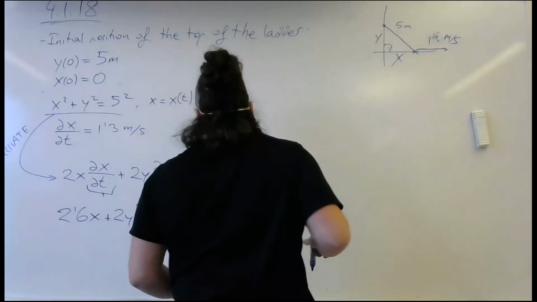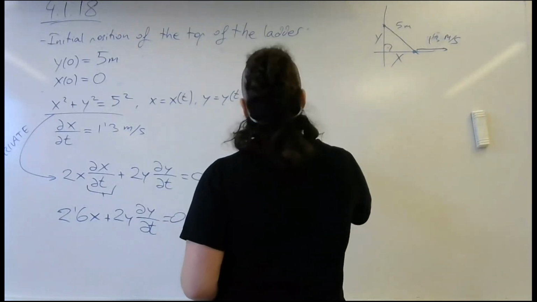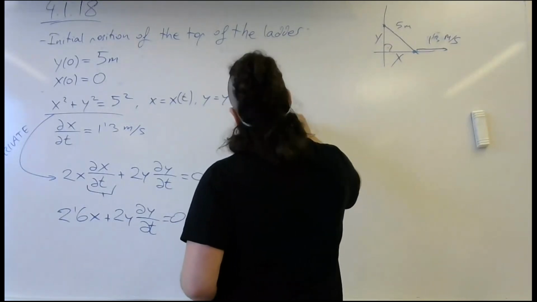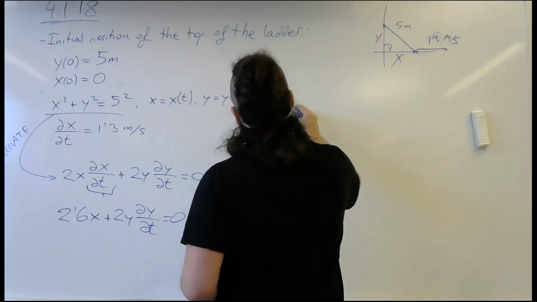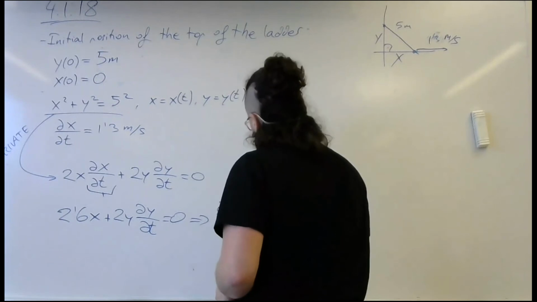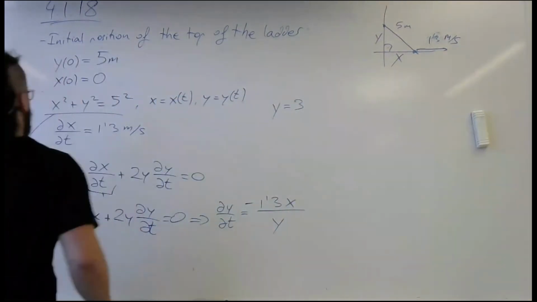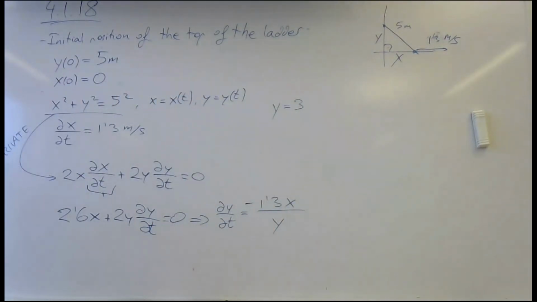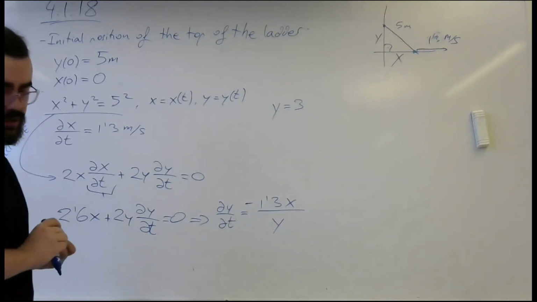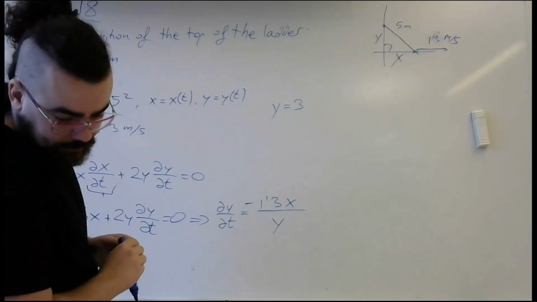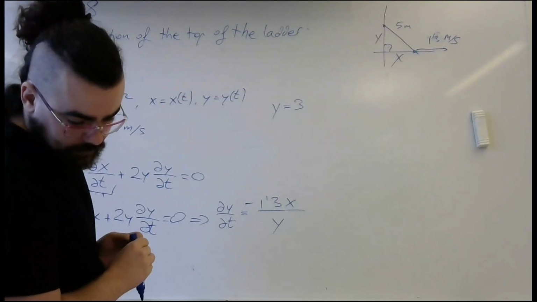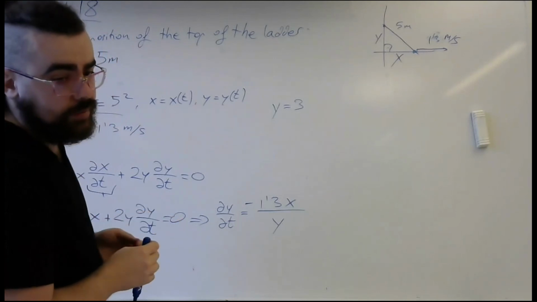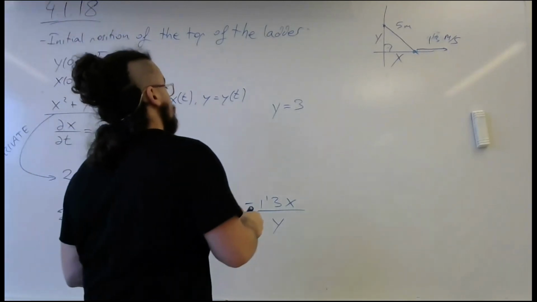Now, we have been told, second part, that y equals 3 meters. Okay. If y equals 3 meters, you know, the stair is 3 meters above the edge of the wall.